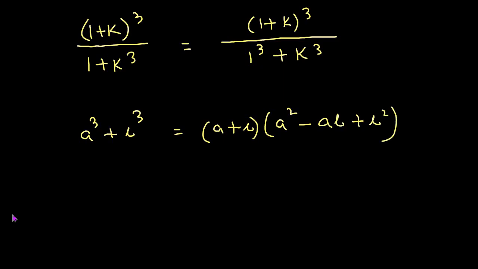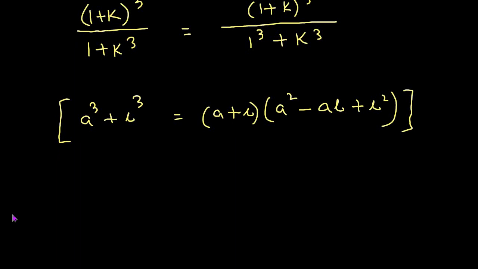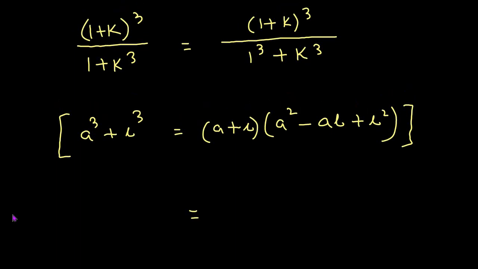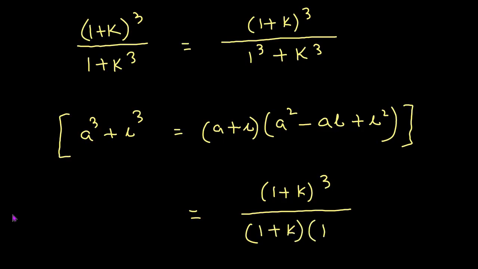We can apply this formula in the denominator and write (1 + k)³/((1 + k)(1 − k + k²)). We have applied the formula in the denominator.